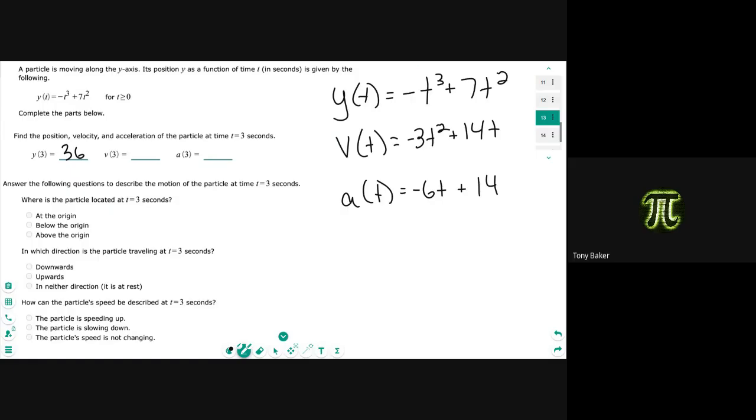Save me the trouble of trying to do this in my head because I don't feel like grabbing a calculator. 36? Sounds right. 63 minus 27? Yeah. And then a of 3, negative 18 plus 14 is negative 4.